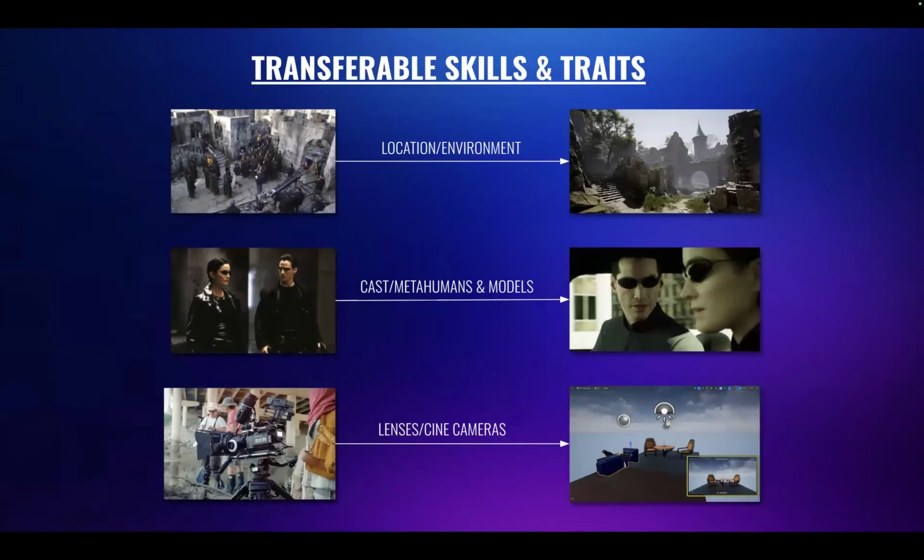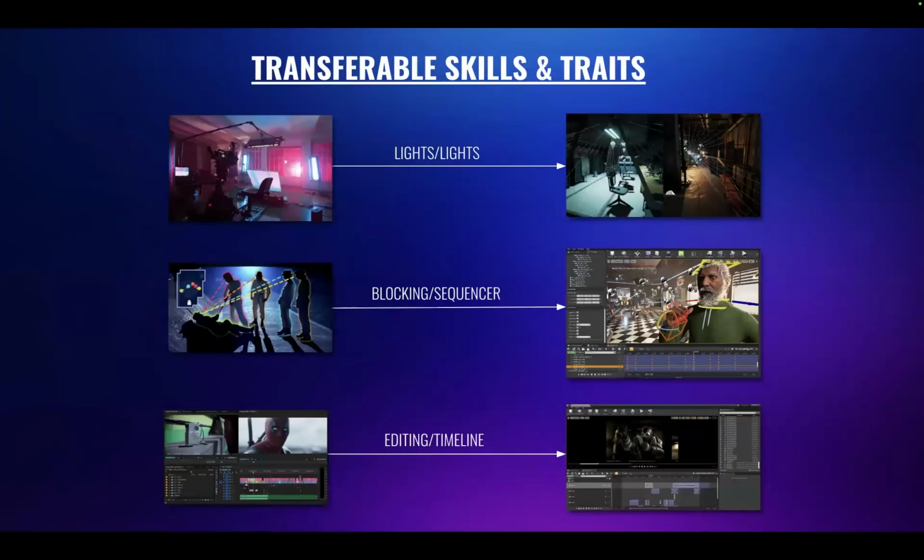So, you're used to working in locations, and now you have environments. You're used to casting your films, and now you have MetaHumans. These are actually the MetaHuman versions of Neo and Trinity. Before MetaHumans, you had 3D models that you could use. You're used to knowing cameras and learning everything about cameras, and the Cine cameras had a lot of those settings, so you knew that too.